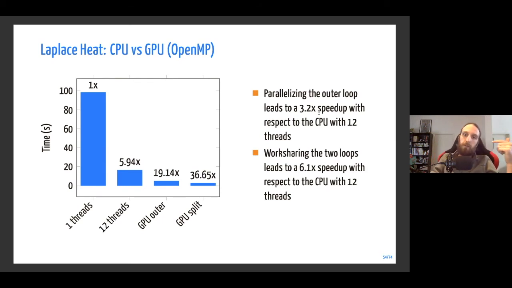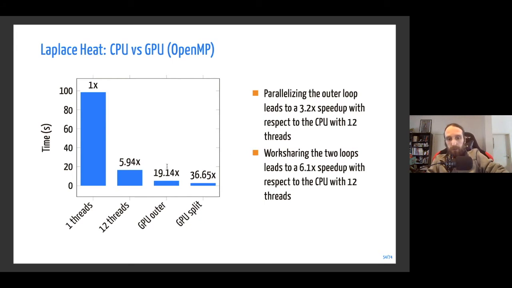This is always better to compare GPU and CPU using a parallelized version. It means using the full socket of the CPU, and then you consider that the GPU is a socket too, and you do a socket to socket comparison. So we compare the socket of the CPU, with 12 threads, and the GPU that we consider also as a socket. Here on the graph, we have the speed up compared to 1 thread, and then I write the speed up compared to 12 threads, which is probably a fairer comparison than just comparing it with 1 thread.